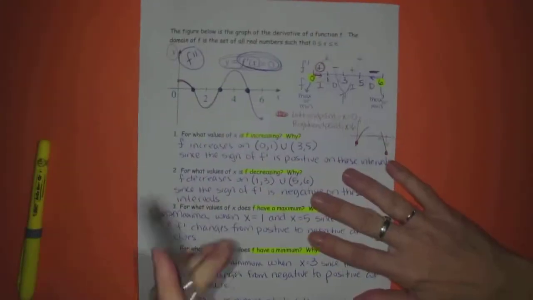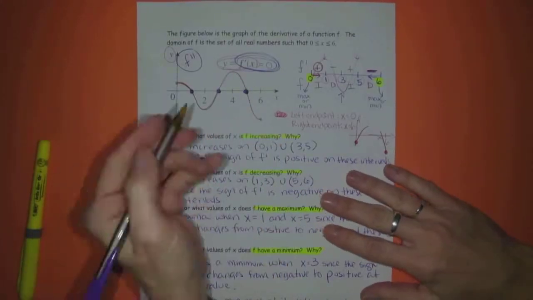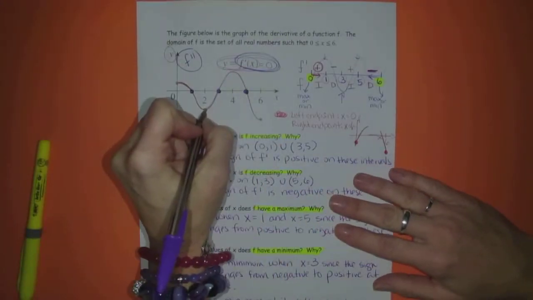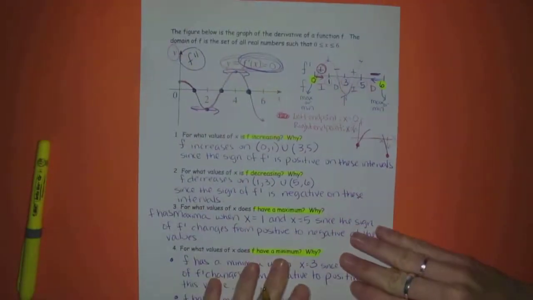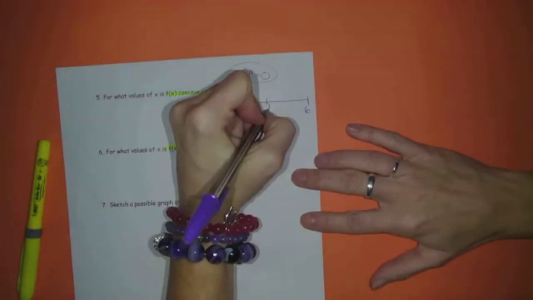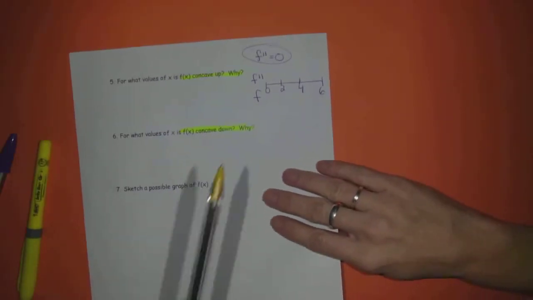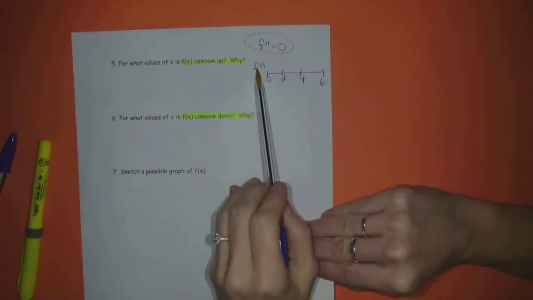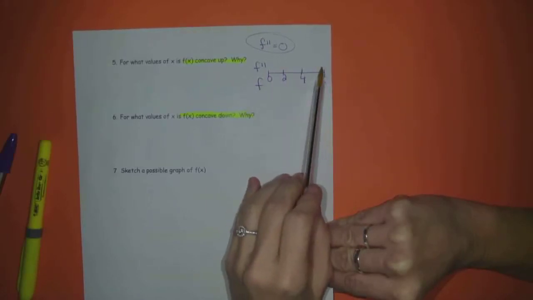So we're looking at where the slopes of the tangent lines on this graph are 0. And you can see that that happens at 2 and at 4. So 2 and 4 will go onto our f double prime chart.